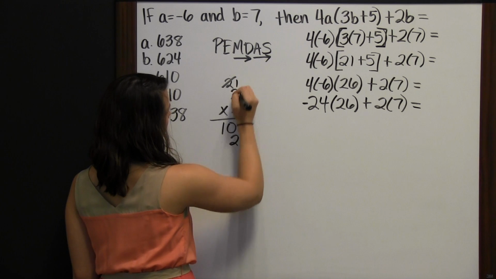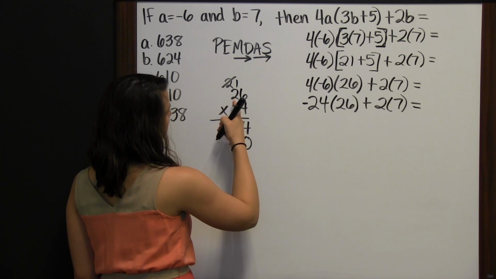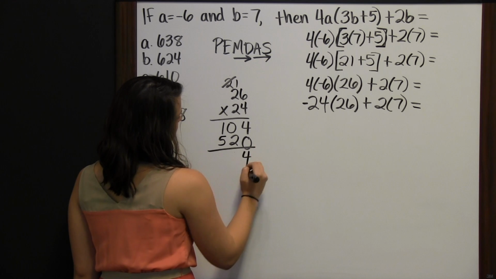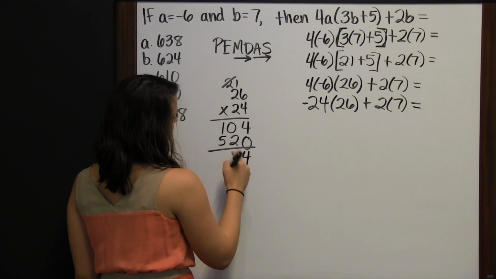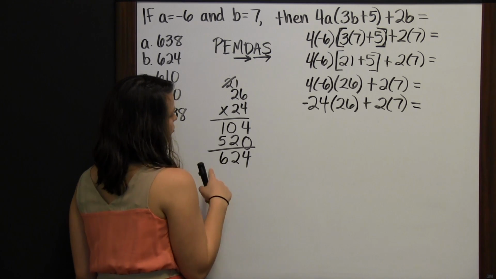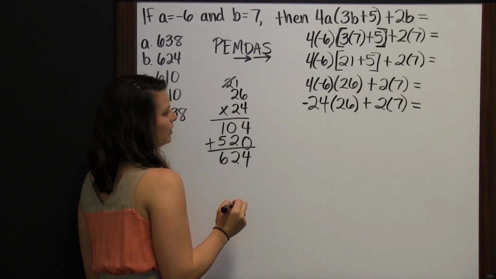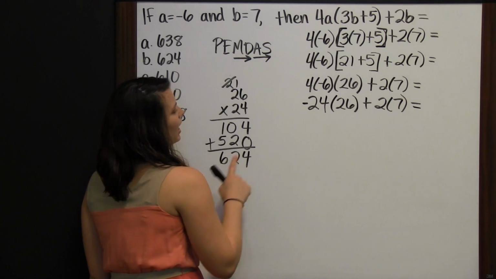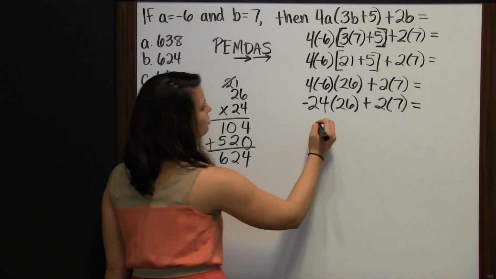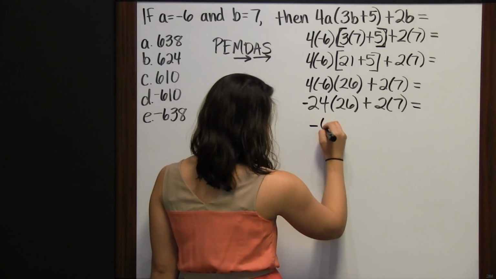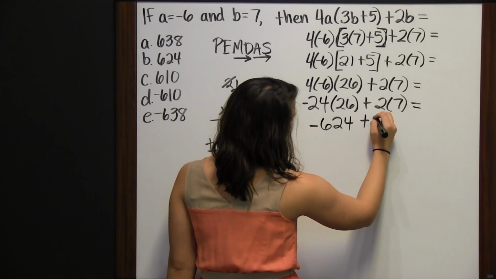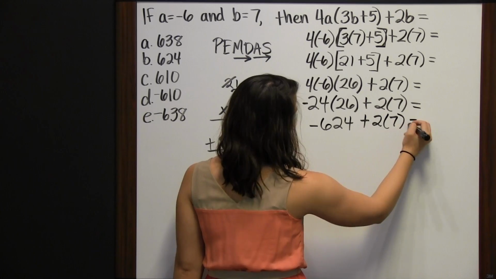Write the 2, carry the 1. 2 times 2 is 4, plus 1 is 5. 4 plus 0 is 4, 0 plus 2 is 2, 1 plus 5 is 6. 624, and that's after we added. But it was a positive 26 times a negative 24, which means it's a negative 624 plus 2 times 7.